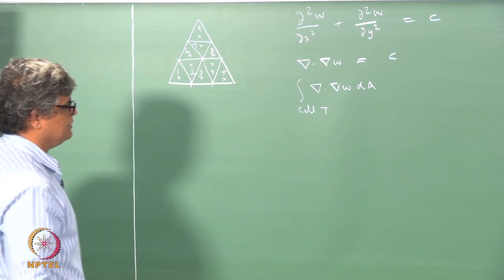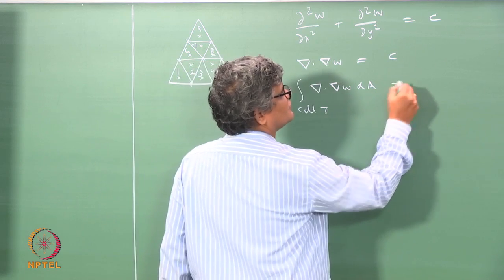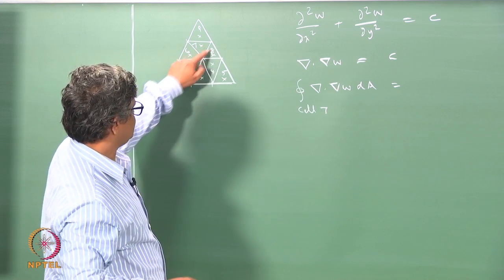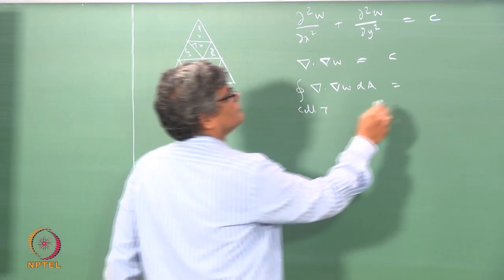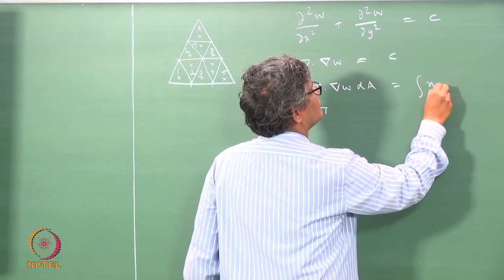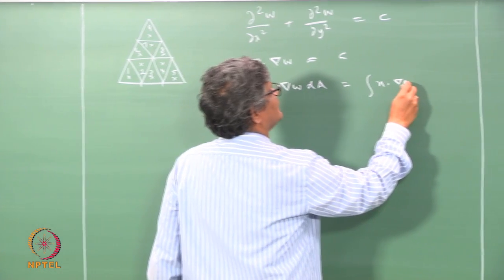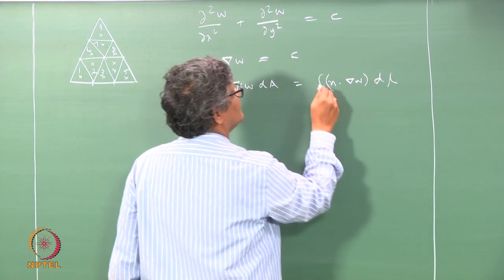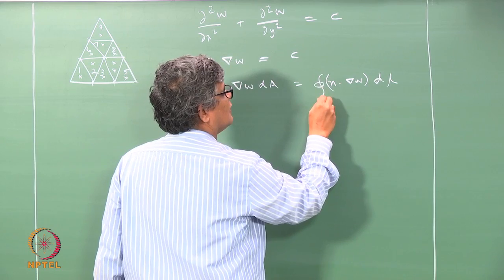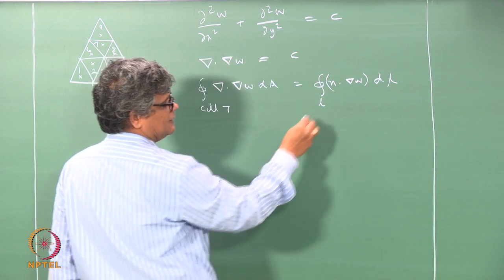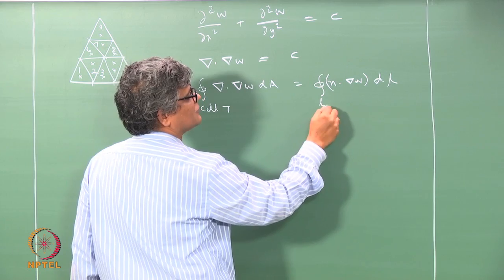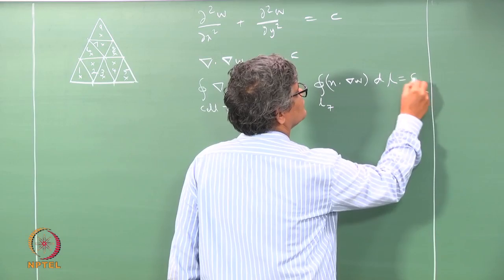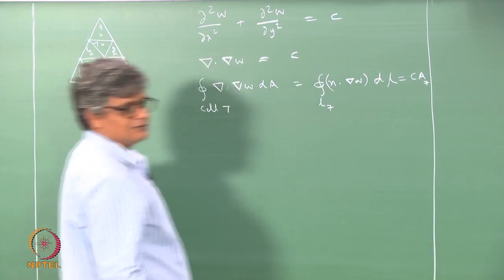Because this is over a closed area of this cell, we can write this as the integral of n dot gradient of W dl along the sides of cell 7, and this is equal to C times the area of cell 7.